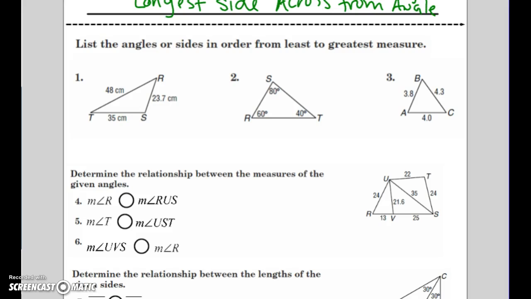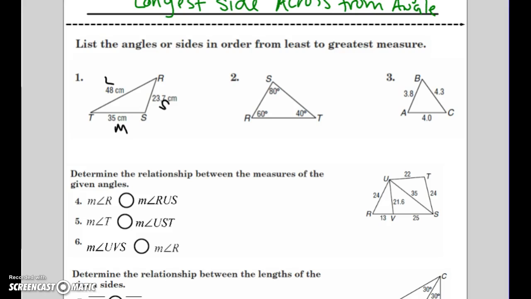Okay, so right here, how I would work these is I would come over here and label my sides small, medium, large. So what side is my smallest side? RS. Which one's my medium? ST. And then my large. They gave me the sides, so they're really asking me about the angles.